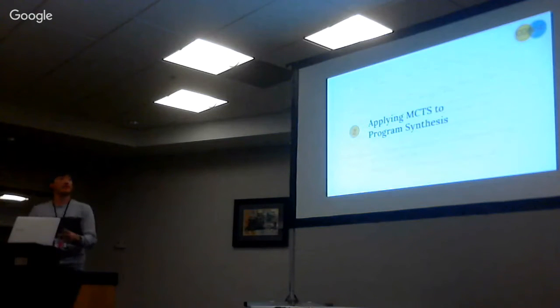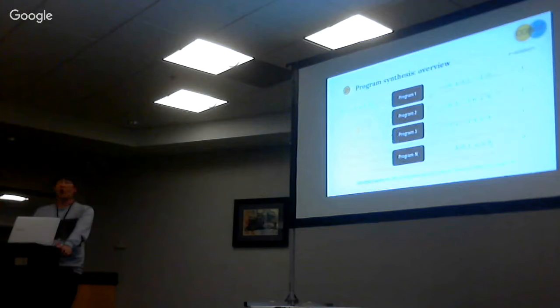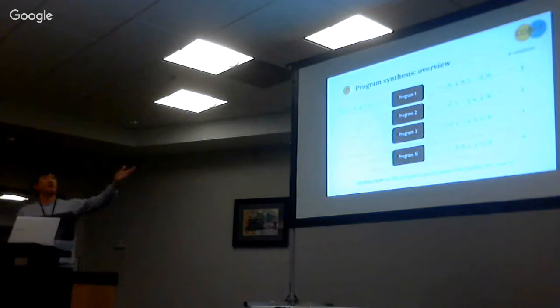So how can we apply this MCTS to program synthesis? There are many ways to do program synthesis. The version we did uses the test cases as the oracle for search. As an overview, suppose you want to generate a program that sorts a list of integers. We have an input, and we generate program 1, which gives some bad output.